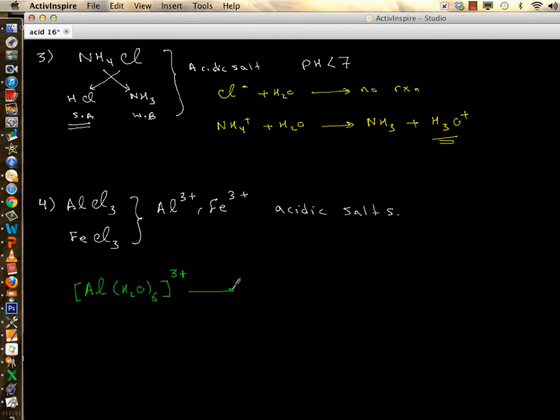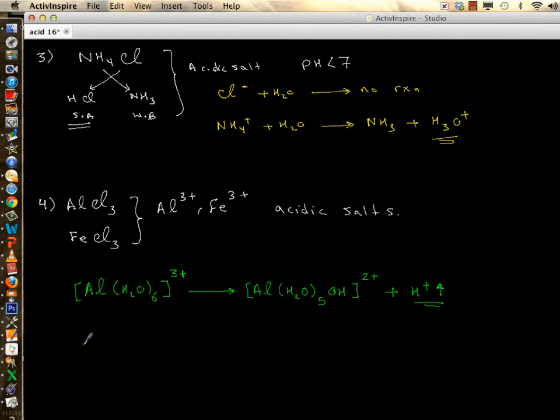Now what happens is, since aluminum is extremely small and highly charged, it's going to polarize one of the molecules of water, and it will remove some of the electrons from it. And you have 5 molecules of water, 1 OH. Your charge gets reduced to 2+, and you release some hydrogen, and that's why the solution becomes acidic.